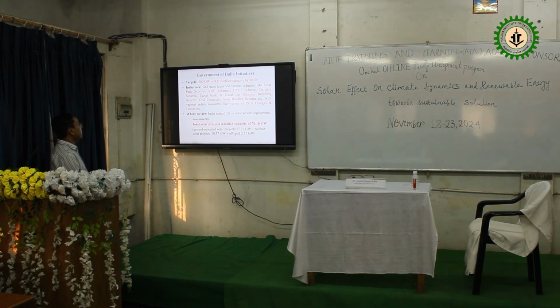India ranks fifth in solar power development, as per the MNRE report and global renewable energy initiative reports, as of 2023. Here the total projected installed capacity, till now, is 70 gigawatt only for non-rooftop solar projects, and rooftop solar dispatched and operating is 2.57 gigawatt.